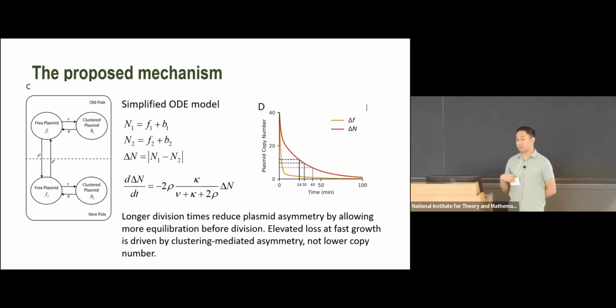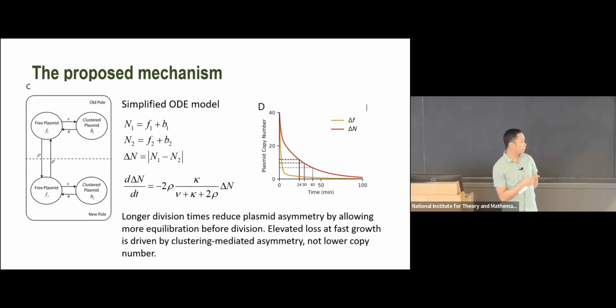And because of that, we were able to make a quasi-steady state approximation for delta n, and it looks like this. And you will see here that delta n decreases exponentially, which is promoted by rho and kappa, which is decreased by the transfer rate, or by the clustering rate rather, nu.